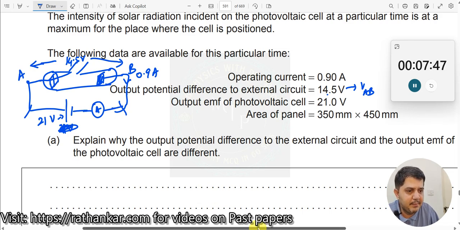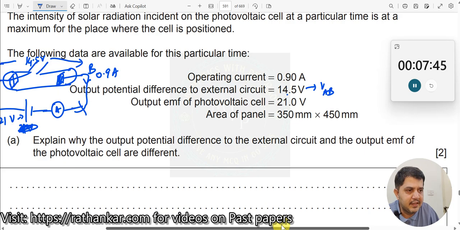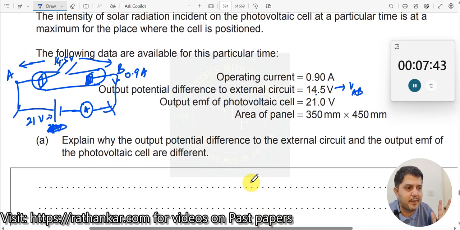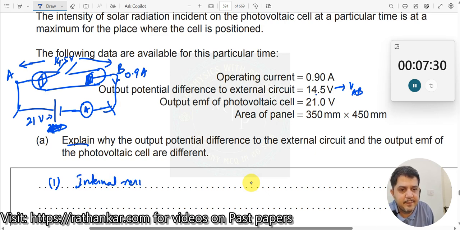Now let us see how many marks this is being asked for. This is for 2 marks, so you need to write at least 2 points. The command term is explain why. The first point you will say is that the internal resistance of the cell is not equal to 0.